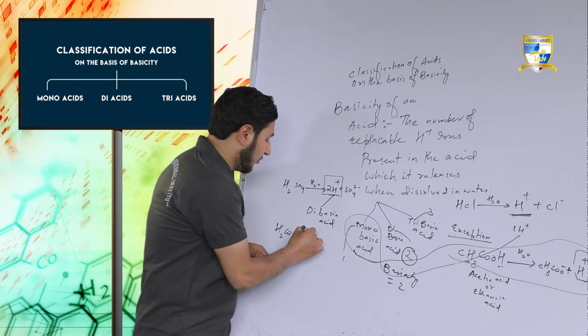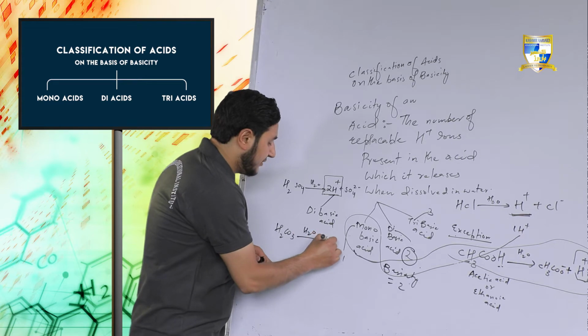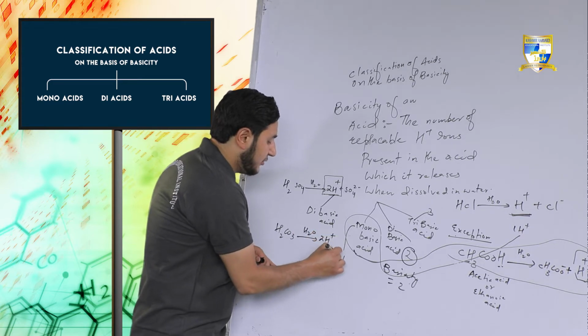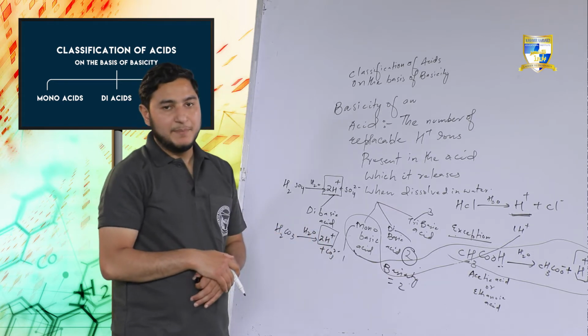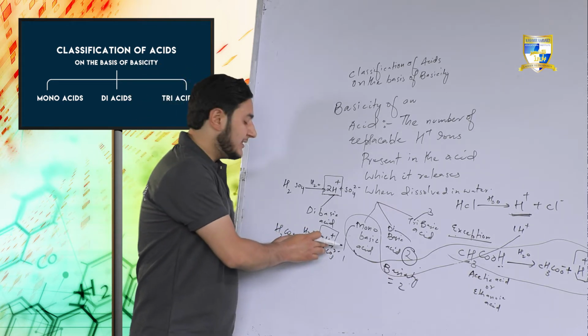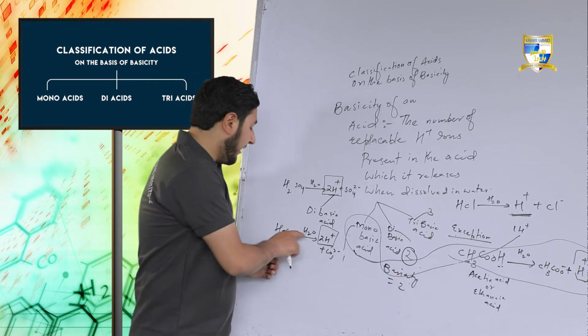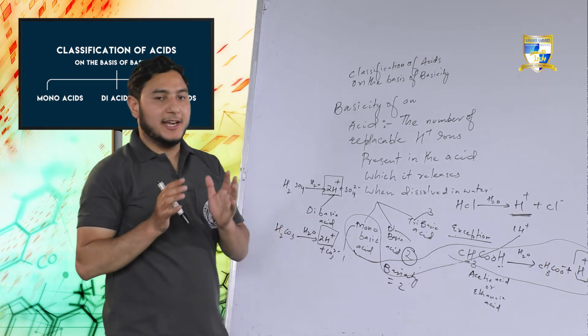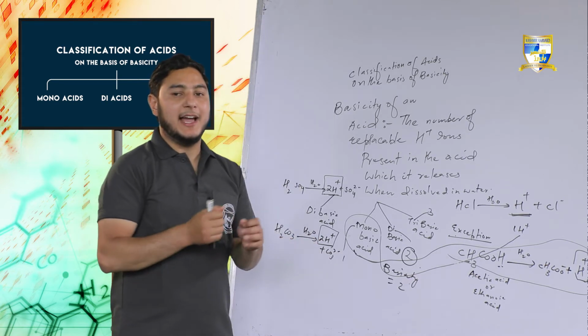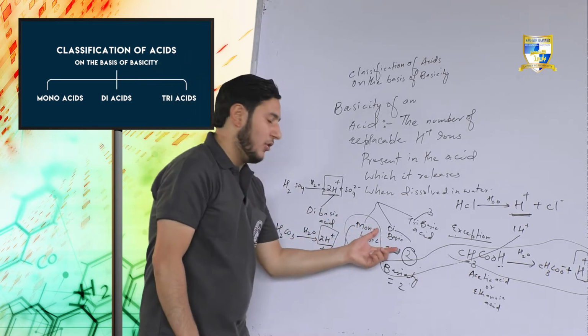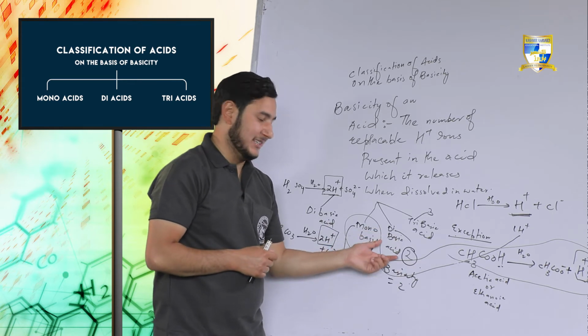Dissolving it in H2O, it gives us 2H+ plus CO3 2-, meaning 2 hydrogen ions are replaceable; these are being replaced by water. So if the acid releases 2 hydrogen ions in aqueous solution, the acid is called a dibasic acid.